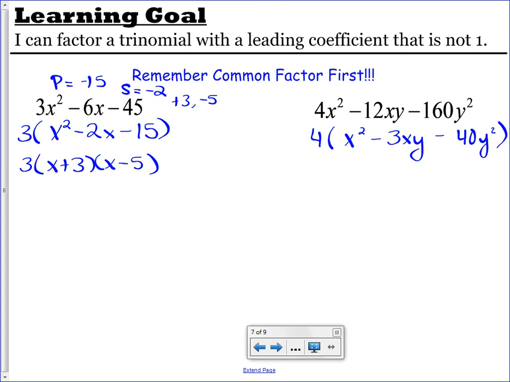So now I find two numbers that multiply to negative 40 and add to negative 3. What two numbers?